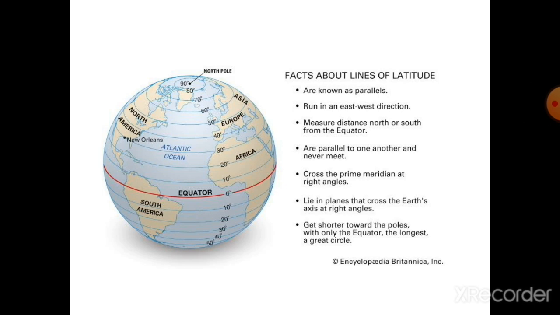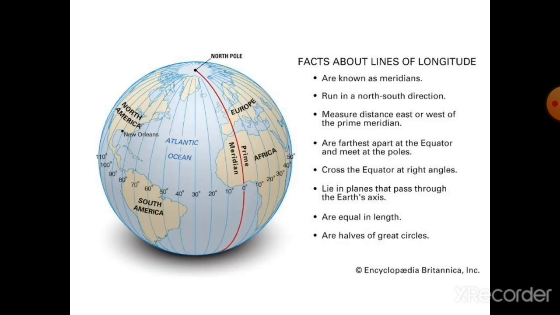They get shorter towards the poles, with only the equator as the longest, a great circle. Equator being the longest, as we move towards the pole, these circles get shorter.